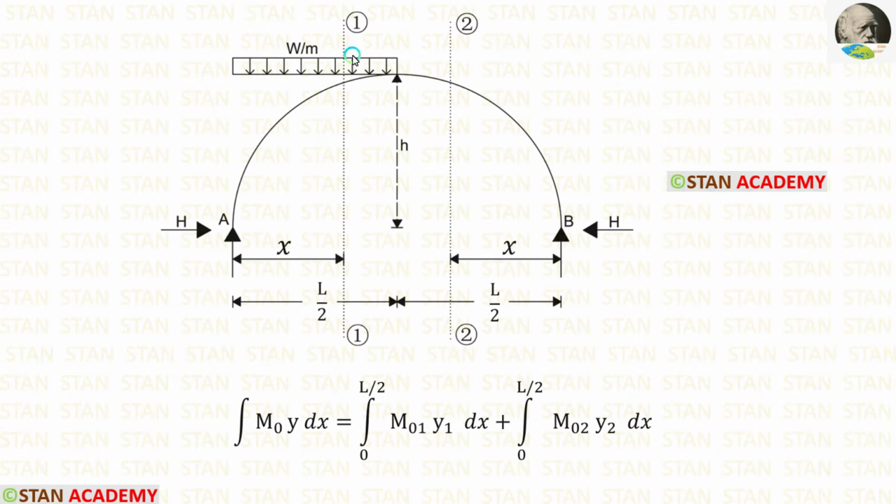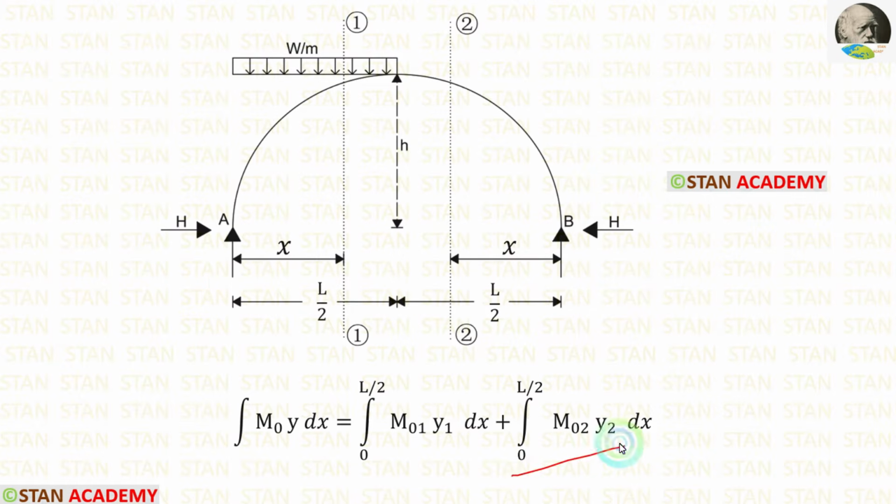You can see that I have made two sections for the first half and for the second half. Both of the sections can be made at the distance of x. Also, I have split the formula into two integrations. For the first integration, the limits will be 0 to L by 2.